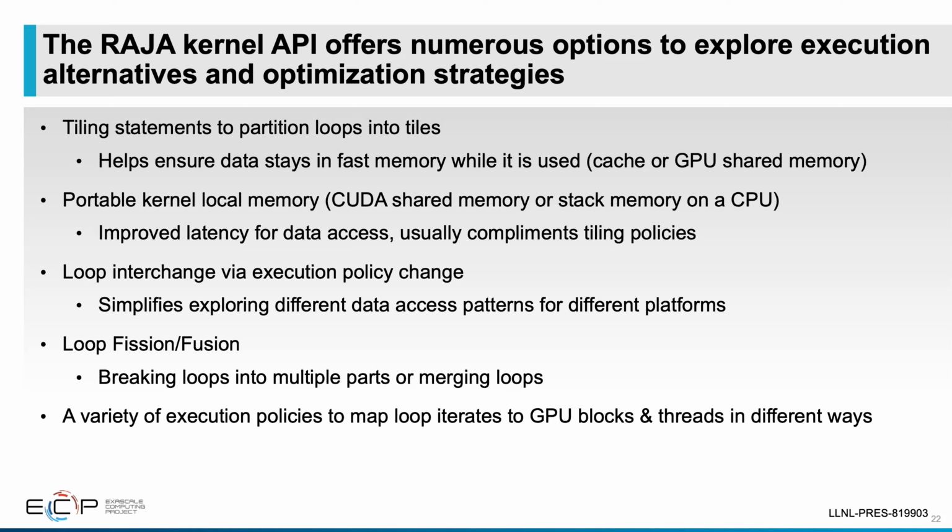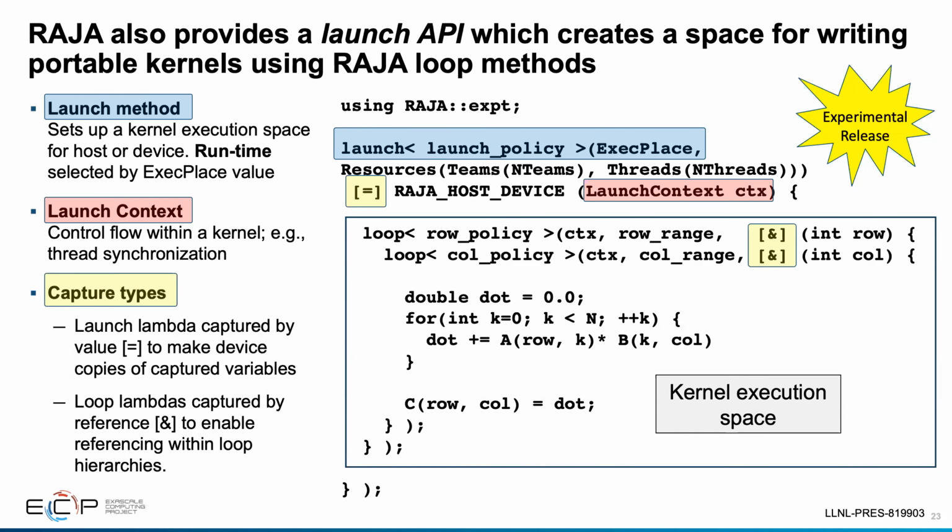Okay, so another way to express nested loops with RAJA is through the new launch API. And I want to point out that this is now available. It is marked as experimental, as we're still refining the API a bit, but RAJA launch works differently than kernel, as it creates a kernel execution space for developers to write in. So as a quick overview, there's three components I want to highlight here.